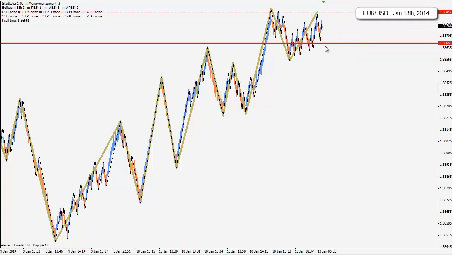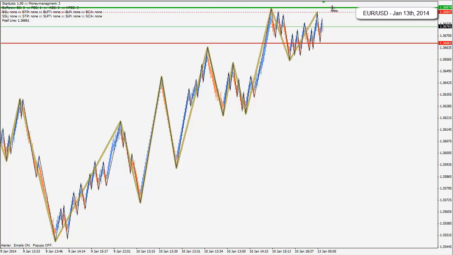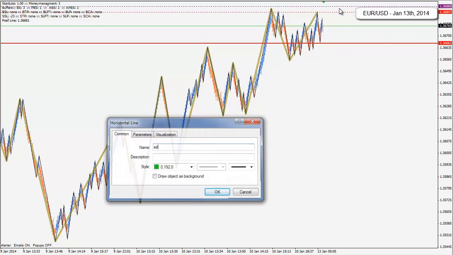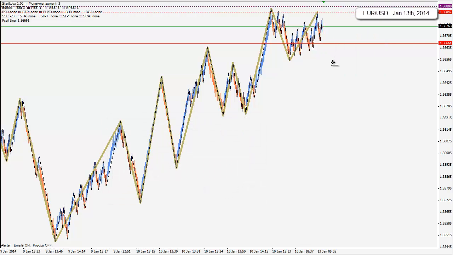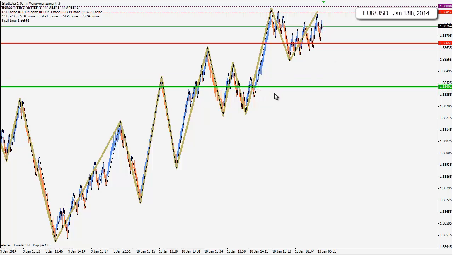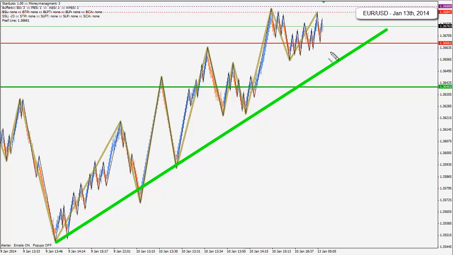If price does come down though and trigger the pending sell, then we're going to want a stop loss. So I'm going to place a stop loss just above that area right there. And I'm going to place a take profit down in this area here. Now when I'm trying to judge the take profit, I have to keep a couple of things in mind. We are fighting this upward momentum, so we don't want to be too greedy.